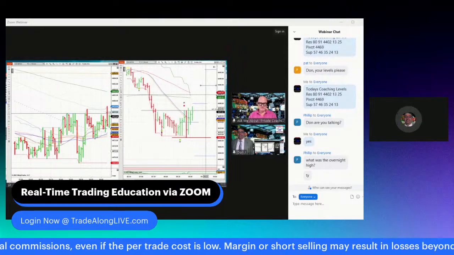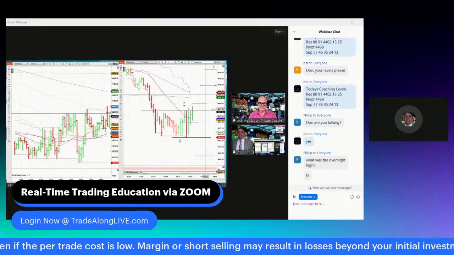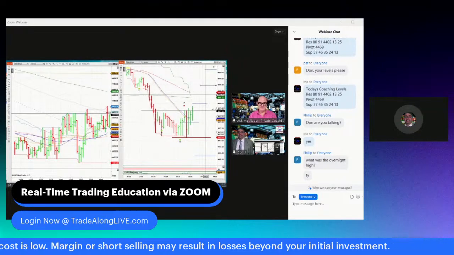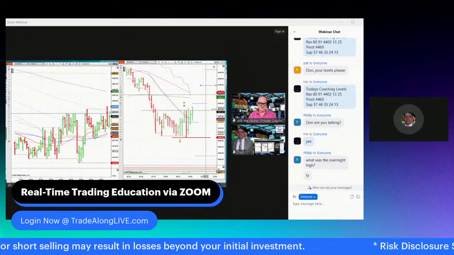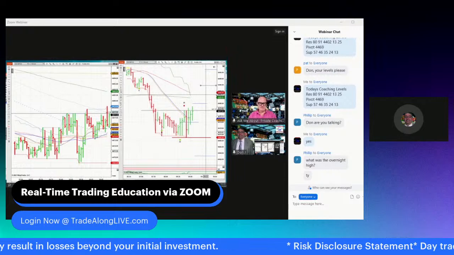Would you want to fade it again? I'd say no. I'd either have to go the number straight up or on the other side of the number.